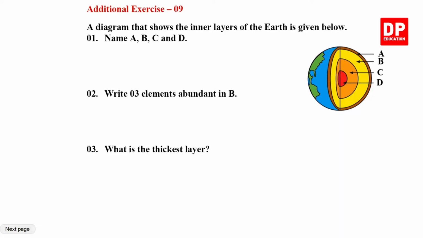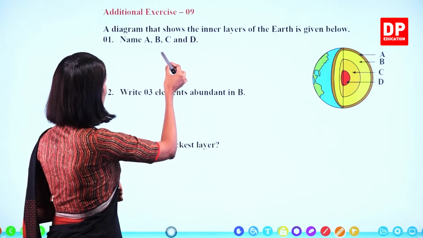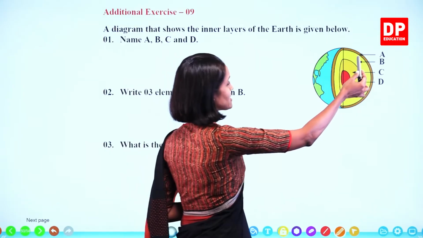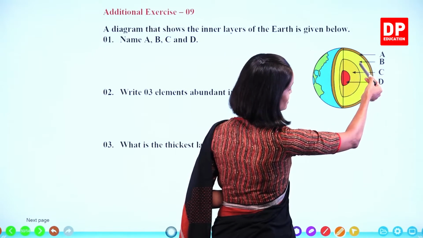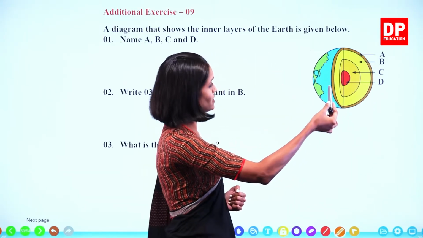Right, exercise number 9. A diagram that shows the inner layers of the earth is given below. Now we know how to label this type of diagram. Very easy, right? Name A, B, C and D. What is A? The outermost layer, that is the crust. What is B, children? That is the mantle.